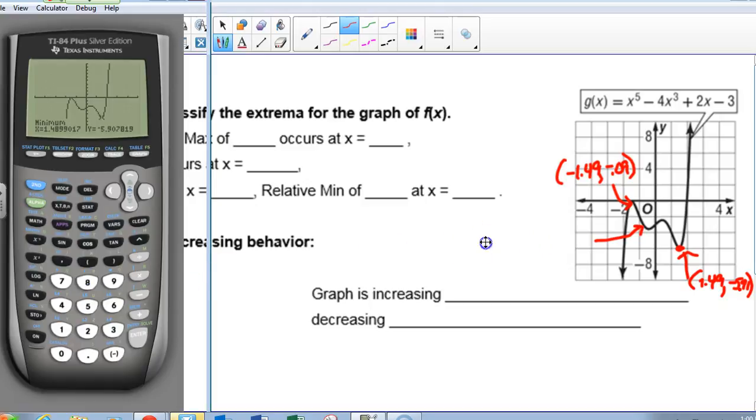Did you find that one, Jacob? What do you have? The max is at 0.4245. Okay, that's this one over here, right? 0.42 comma, one more time? Negative 2.4. And this min?